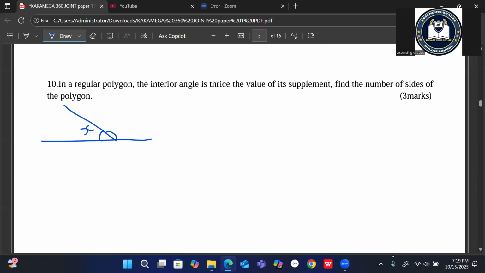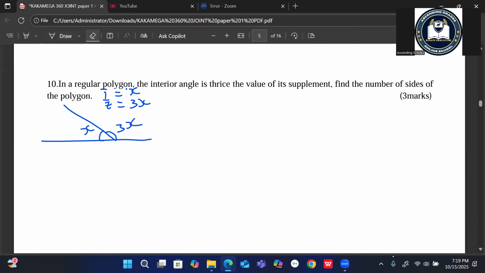We are told that the interior angle is thrice the value of its supplement. So if your exterior is x, your interior is 3x.